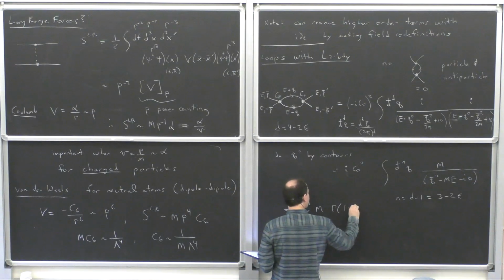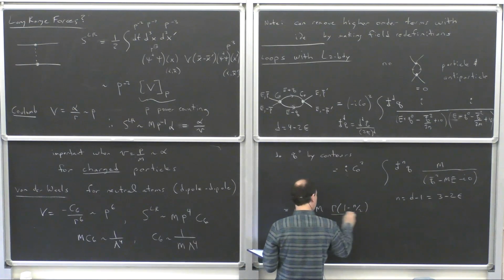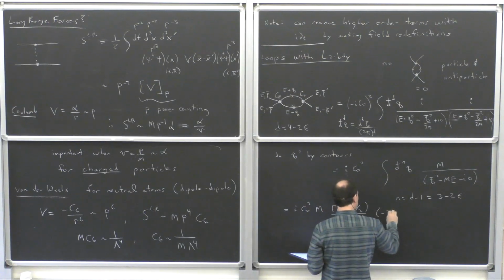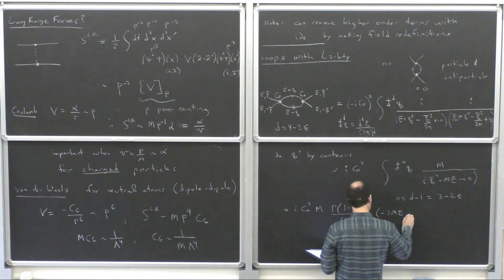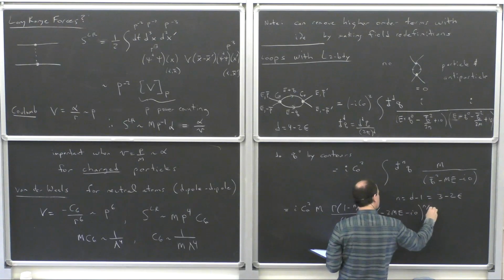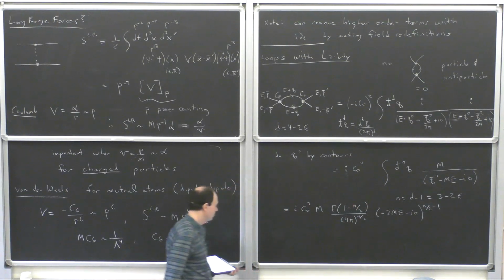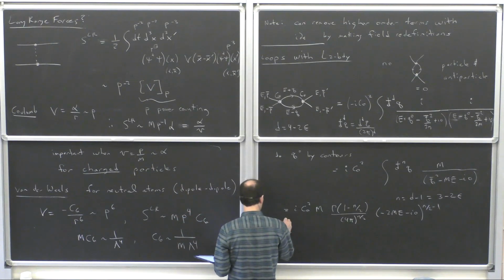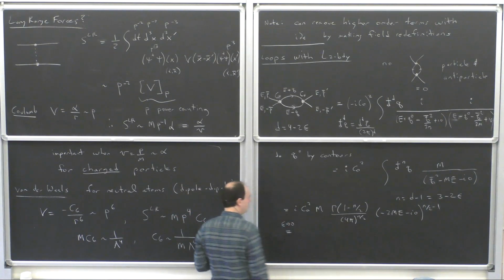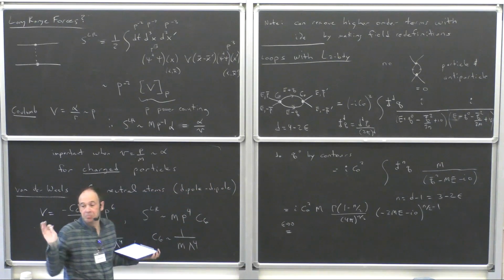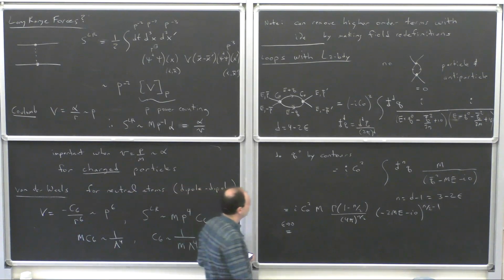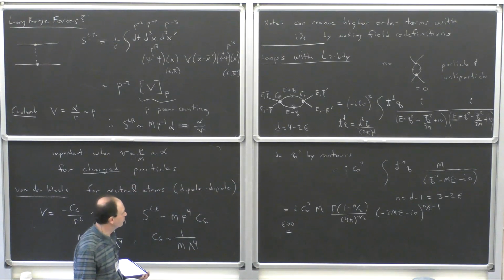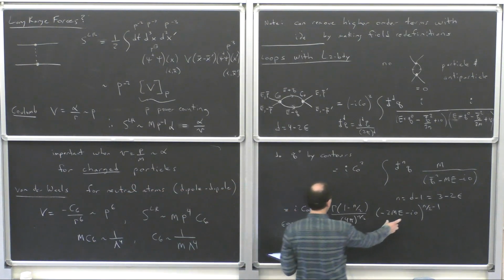And it's some gamma function, gamma of 1 minus n over 2. Looks like this. And then I want to expand around epsilon equals 0. And when I expand around epsilon equals 0, I just get an answer. There's no problem. This is gamma of 1 minus 3 halves, gamma of minus a half. That's just some number. Involves a root pi. This thing goes to something finite.